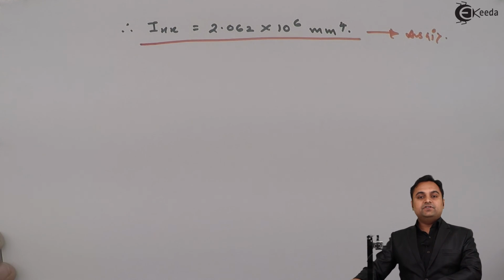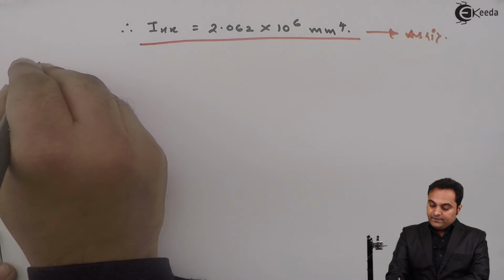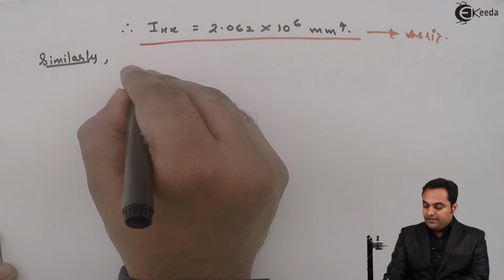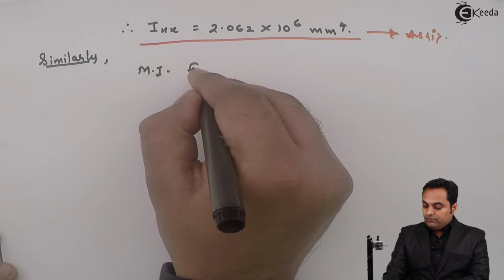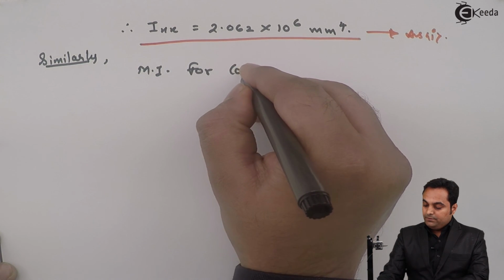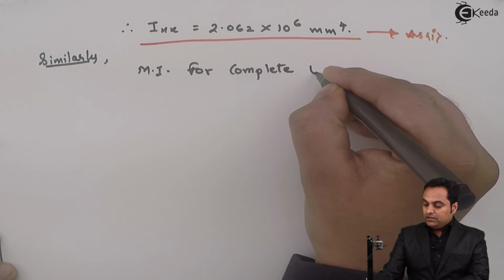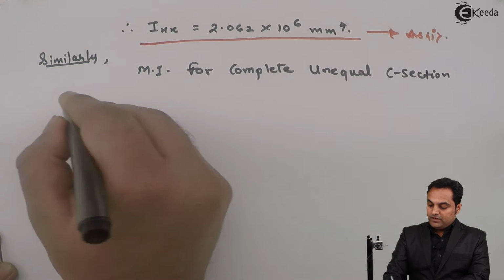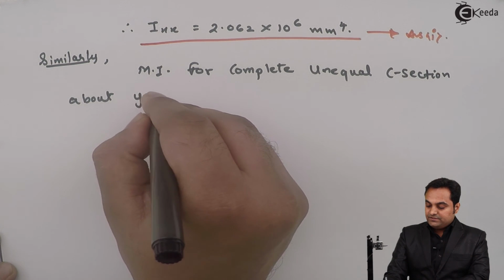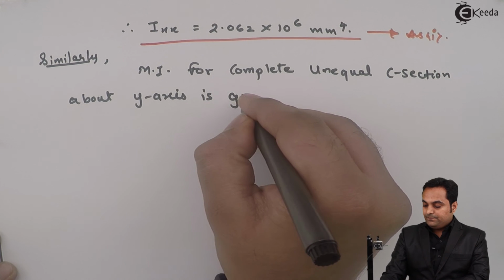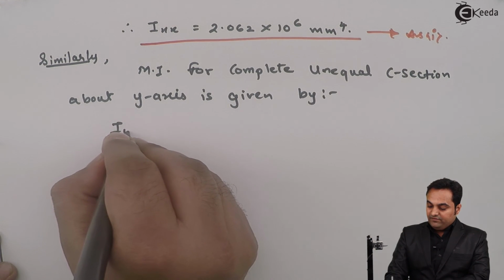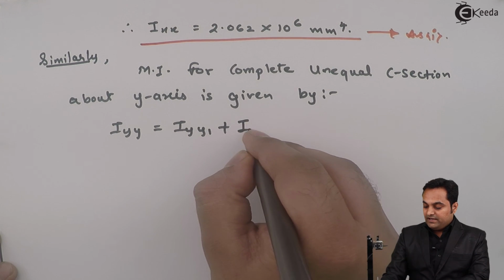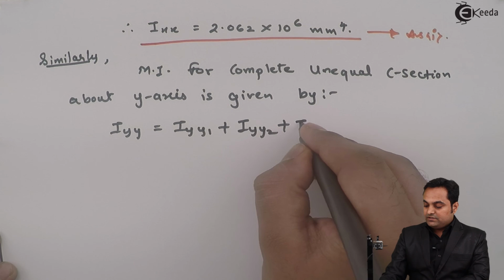Now after getting this first answer of Ixx, I'll write down similarly the MI for the complete unequal C section about y-axis, which is given by Iyy is equal to Iyy1 plus Iyy2 plus Iyy3.